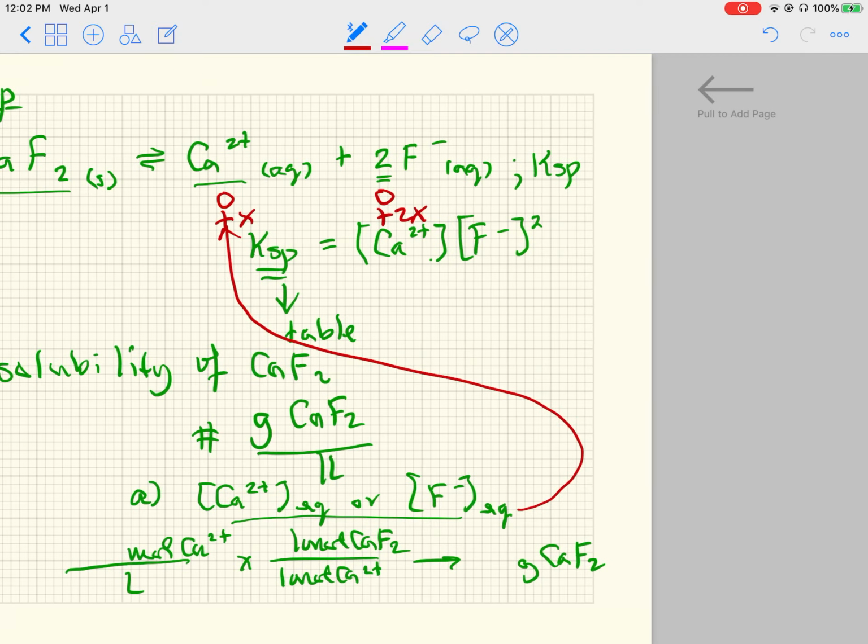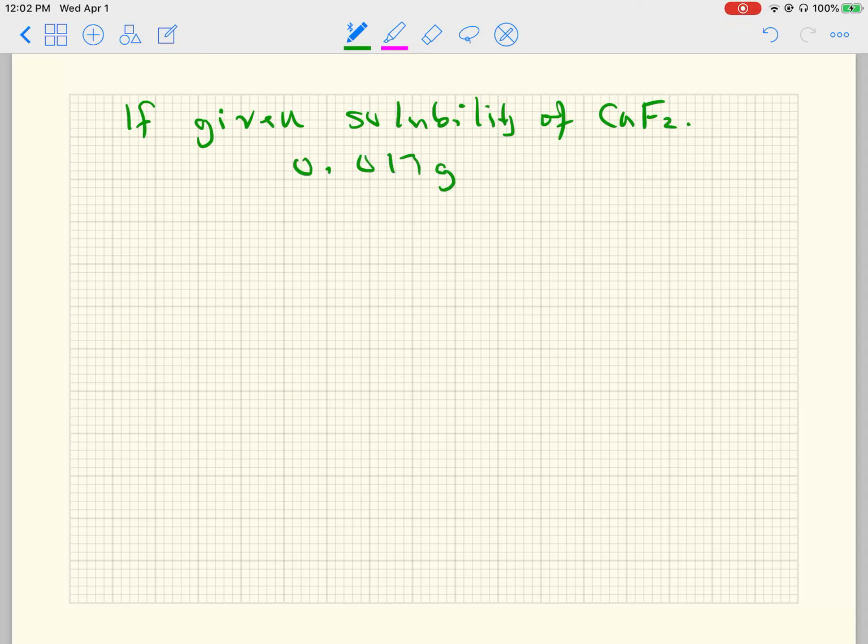In addition, another thing that you can do is if you're given the solubility of, let's say, calcium fluoride, and so let's say we're told 0.017 grams of calcium fluoride is soluble in 1 liter of water. We can use that solubility because it's based on equilibrium concentrations and then calculate.